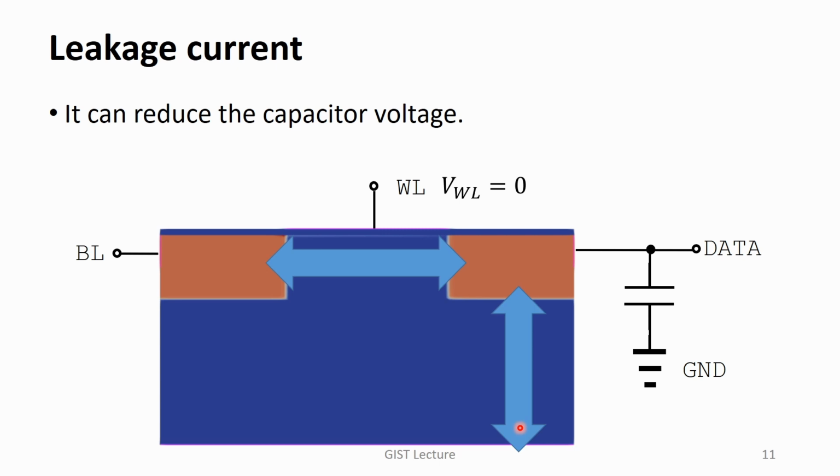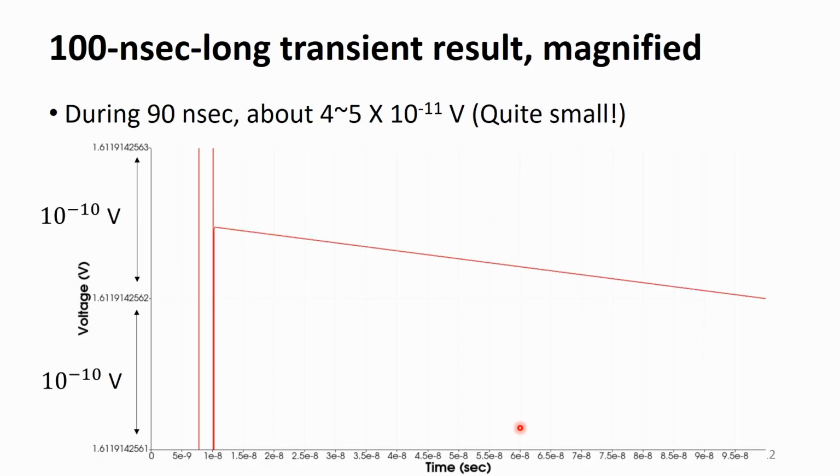Is it really observed in our example? This figure just shows the same transient simulation result. However, it is much magnified. Actually, the y-axis variable voltage has an extremely narrow range, 0.2 nanovolt.